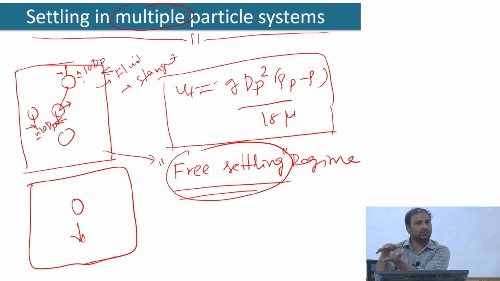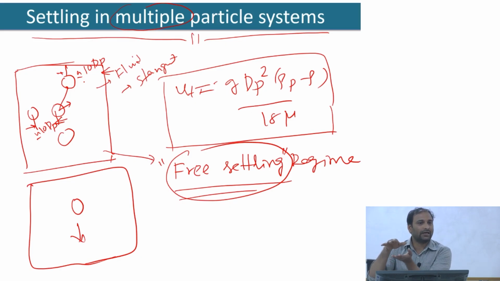Even in such cases, a typical rule of thumb is that you should ensure that the gap is at least about 10 times the dimensions of the object that you have in the fluid. That means if I am working with, say, a 10 micrometer particle in a fluid, and I put it between two plates for rheological measurements, the distance between the plates has to be at least about 10 times the particle diameter.